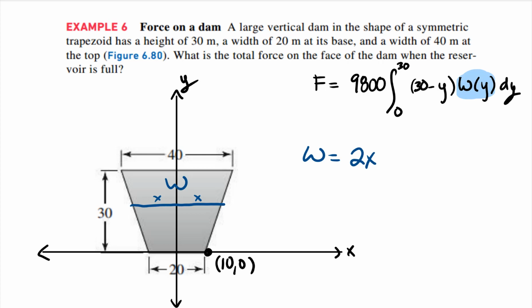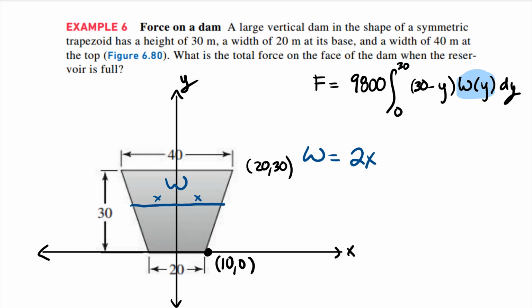But the height's 0, so we get 10 comma 0. And then we look up top and this width here, that's 20, right? Since we set it up on an xy axis, I had to move over 20 units. Now what's y? It's 30.